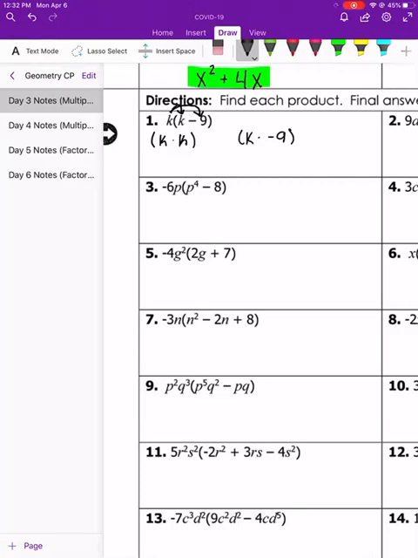K times k, we have our understood exponents of 1 here. So 1 plus 1 is 2. So you should get k squared. And then I have an understood 1 in front here. So negative 9 times 1 is negative 9, so minus 9. And then k times nothing else will leave us with a k.